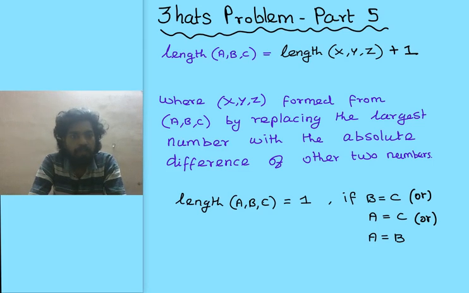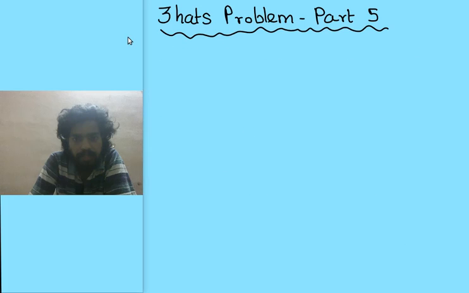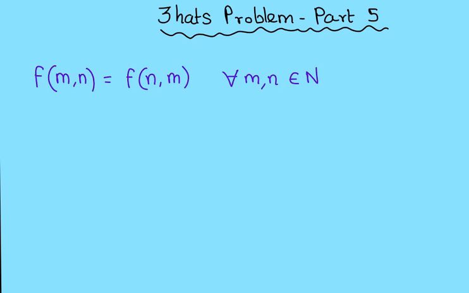I tried to solve this to see whether we can get any closed form function or something, but could not get one. However, I got some nice way to calculate this. Let me illustrate with an example. Before going to that, let us define a function f. F of m comma n is equal to f of n comma m for all m and n, where m and n are non-negative integers.